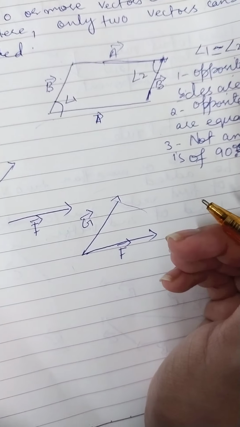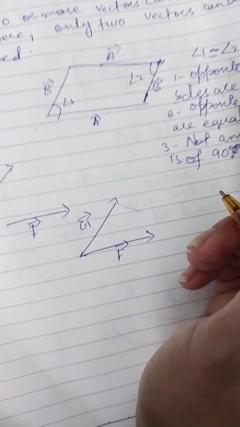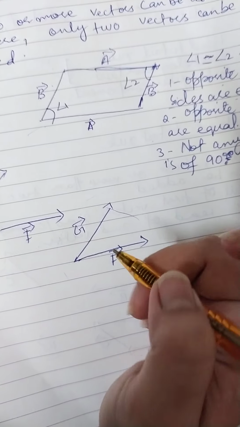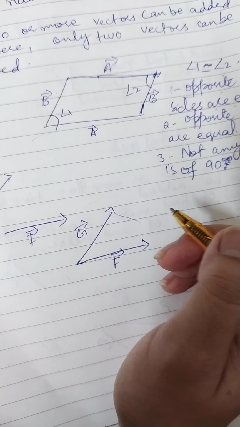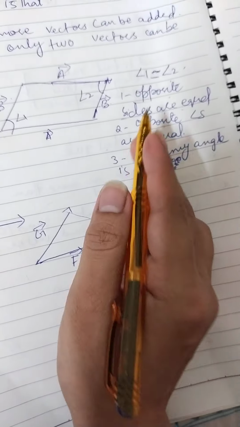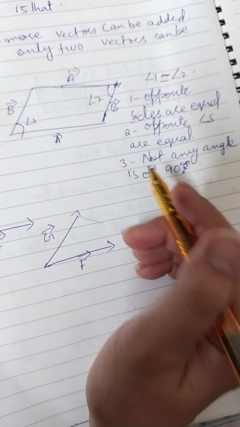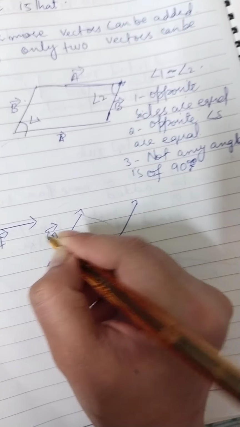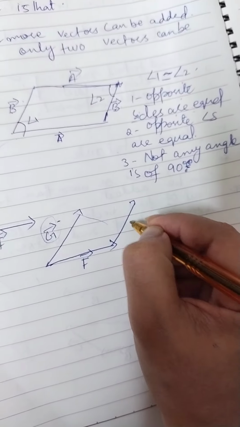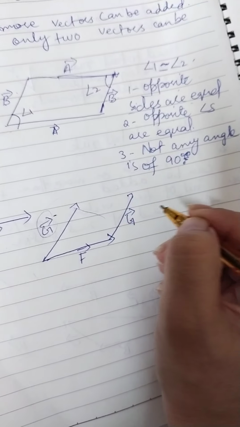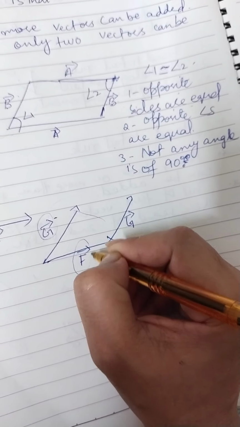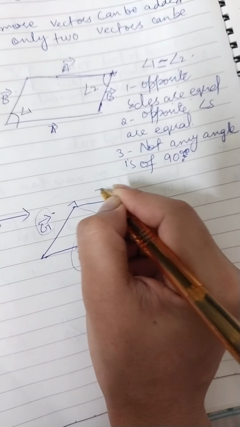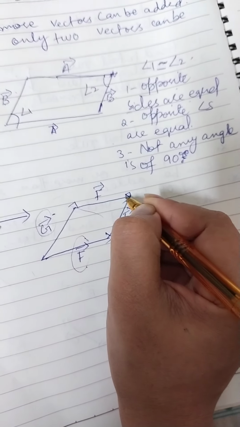How could we add them now? We should arrange them in a manner to apply the head to tail rule. So what do we do in the parallelogram? By using the properties of the parallelogram, we simply draw a vector G that is opposite to this vector, and this is again G. And we draw again the opposite of vector F, that is again vector F.